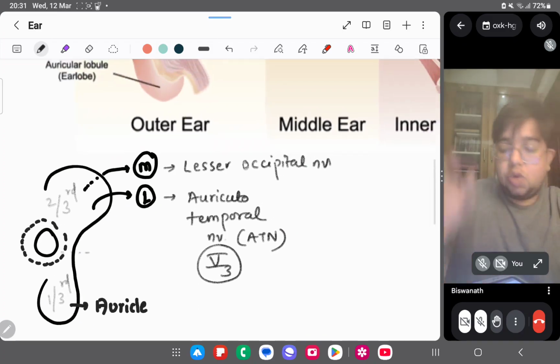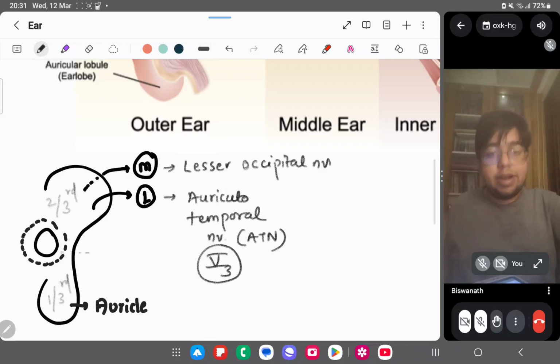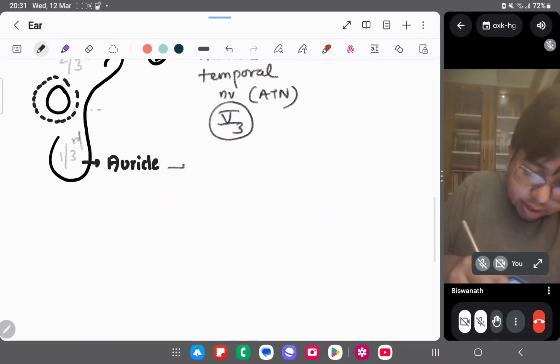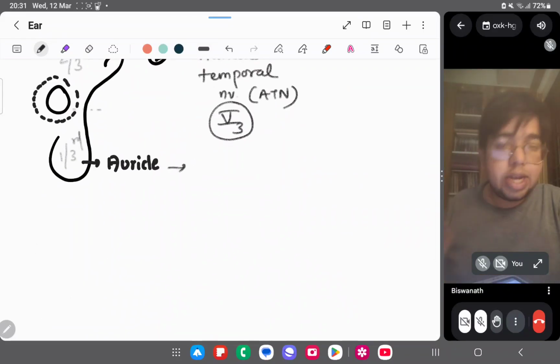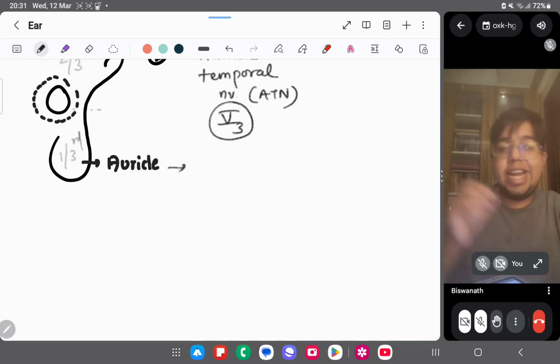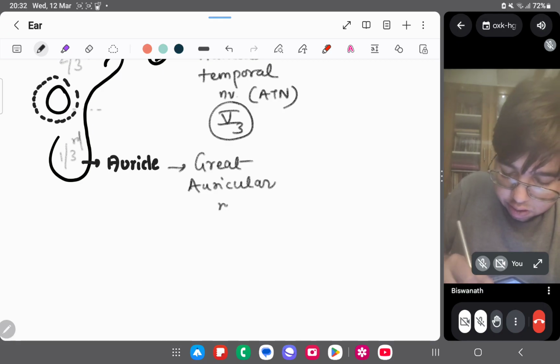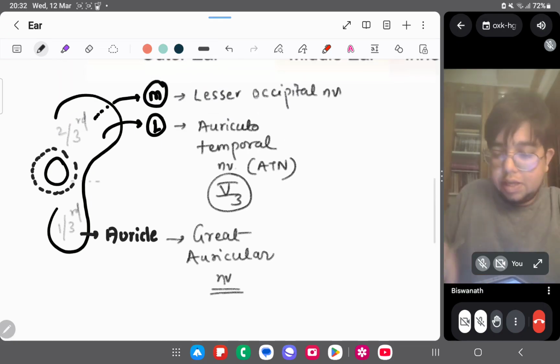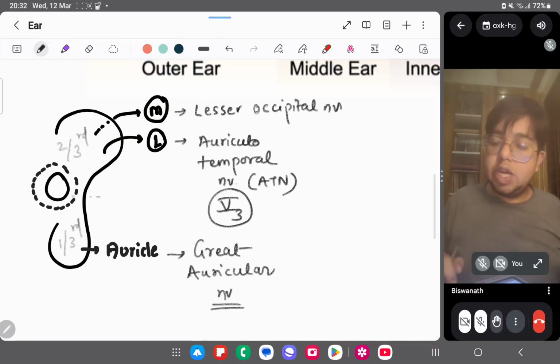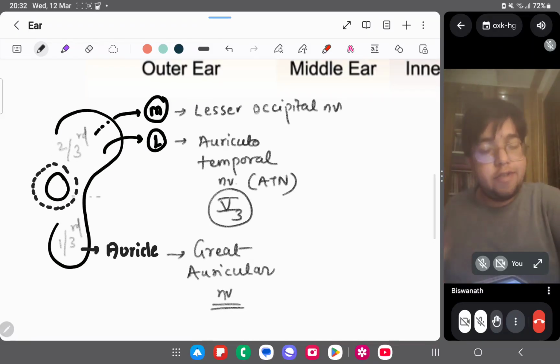Okay, so upper two-third is done. And the lower one-third, which is the auricle part, is supplied by the great auricular nerve, GAN. If you understood this, we'll move forward.